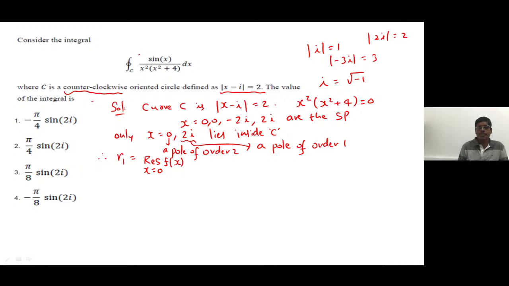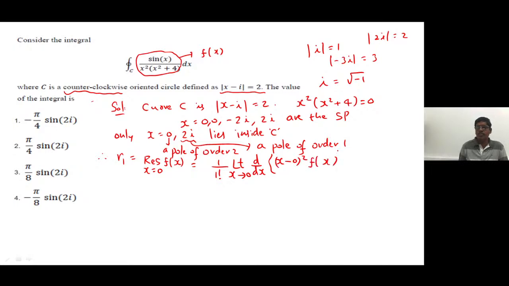So this is your integrand f of x. Or you can apply the Cauchy integral formula also. Because it is a pole of order 2, 1 by (2 minus 1) factorial, that is 1 by 1 factorial, limit x tends to a, that is the singular point 0, operated on d by dx of (x minus a) whole square, that is (x minus 0) whole square, multiplied by f of x.